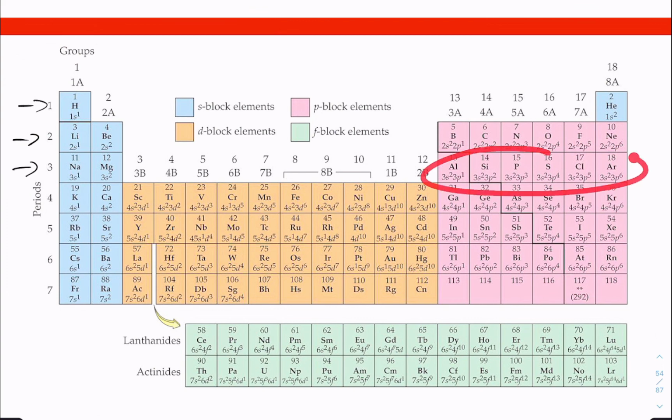Then we go to 3p, and then we go to 4s. The one trick here is that you have to remember that when we start the d orbitals, we start at 3d, not 4d. But then you can keep going, and when you get over here, our highest energy electrons are in p blocks.